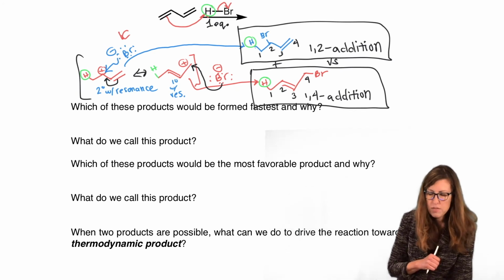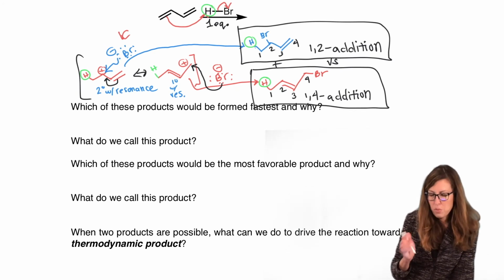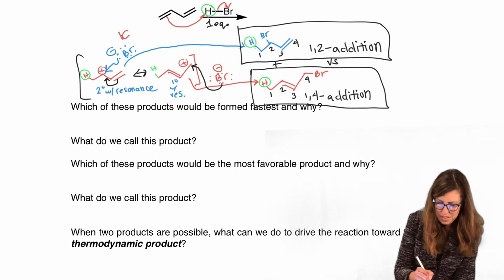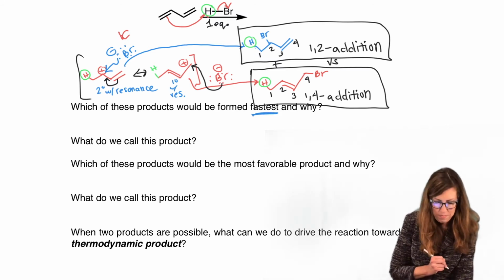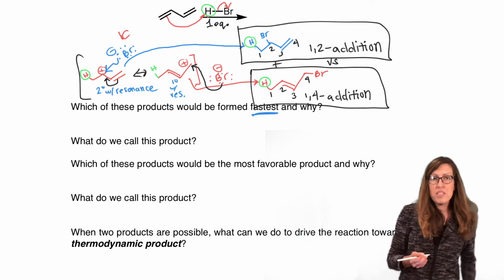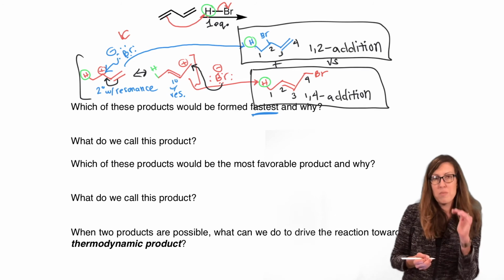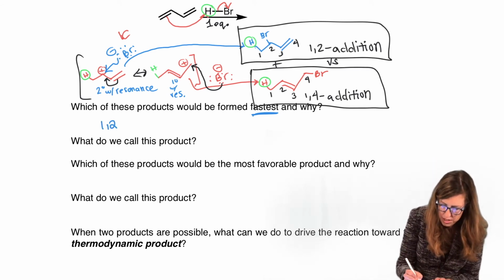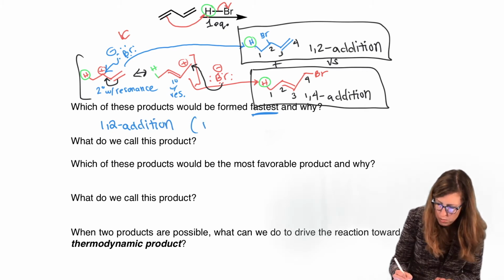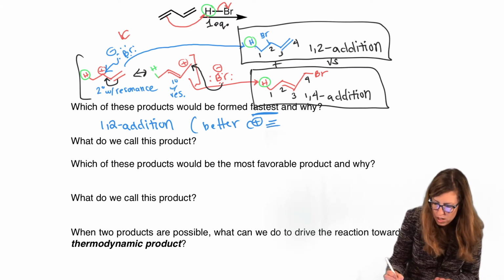Okay, so the one that's formed the fastest, I'm using this word on purpose, fastest, would be the one that's easier to form. The one that's easier to form is the one that has the path of least resistance, lower activation energy, more stable carbocation. So 1,2 addition is faster, because better carbocation always means lower activation energy.